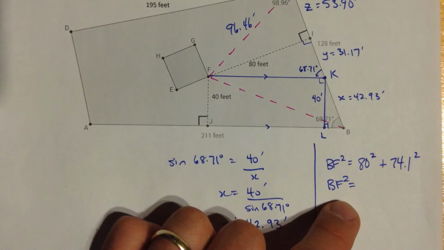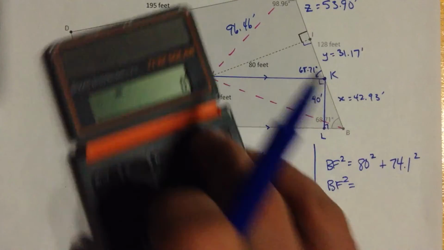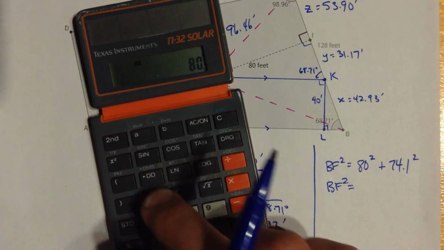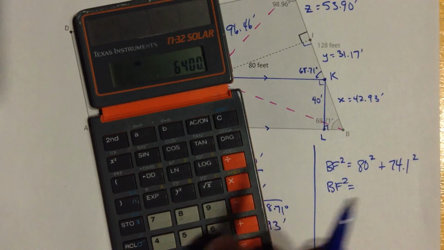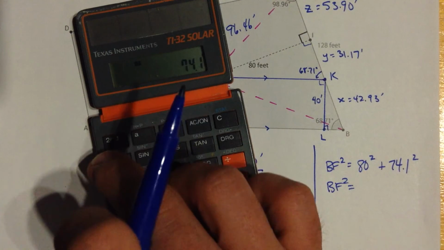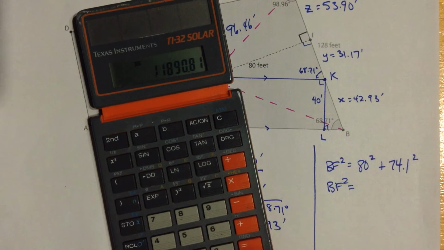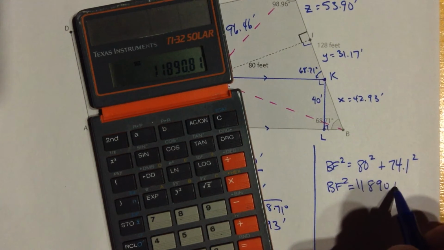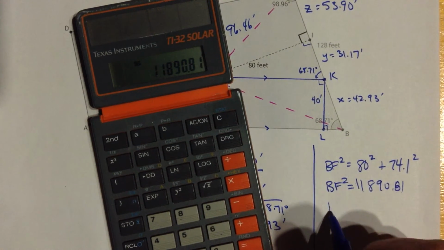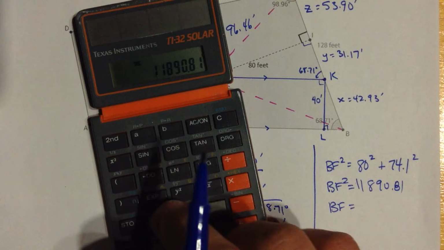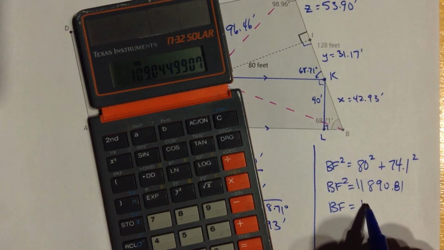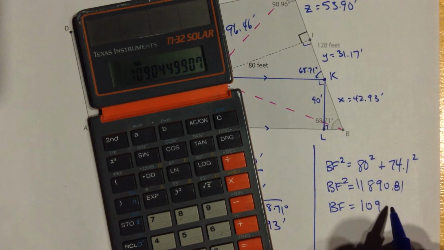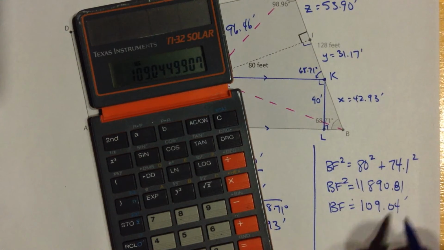So again, BF squared then is, we'll type this all in right here for you, 80 squared plus 74.1 squared equals 11,890.81, and then taking the square root of both sides, 109.04 feet.